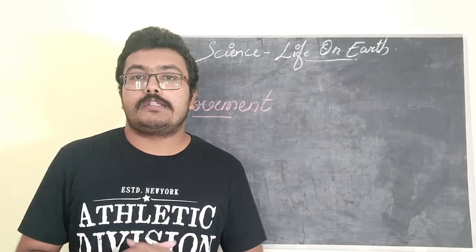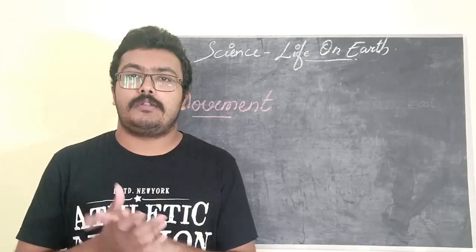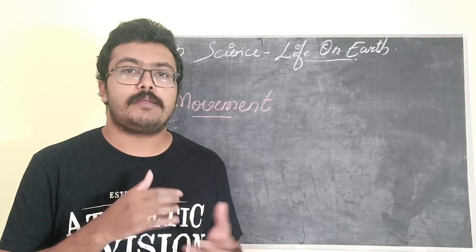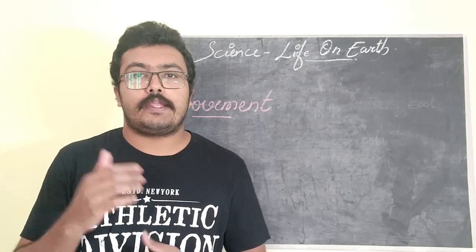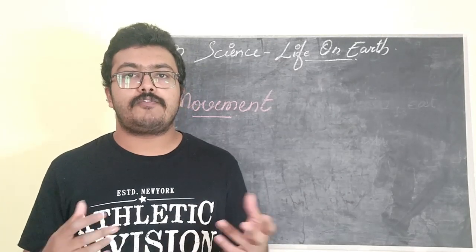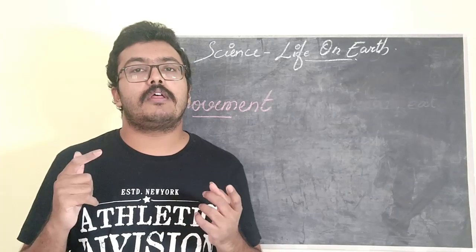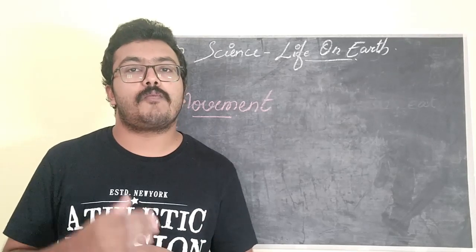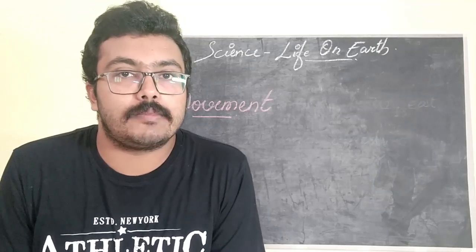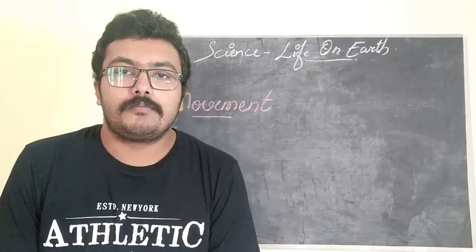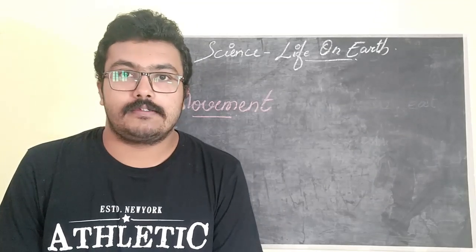When we talk about animals, human beings are also a part of animals. Alright, we are called social animals. We human beings have two legs. We use our legs to move from one position to the other position. Similarly, when we talk about other animals, they have got four legs.